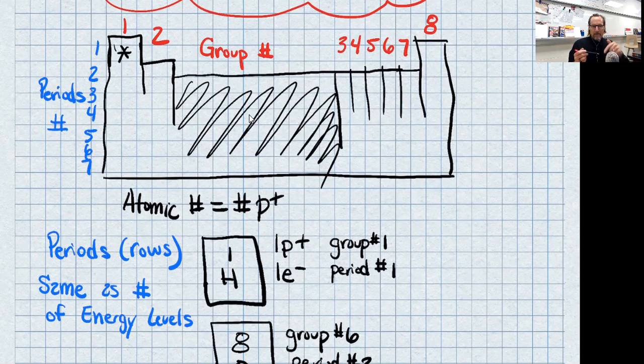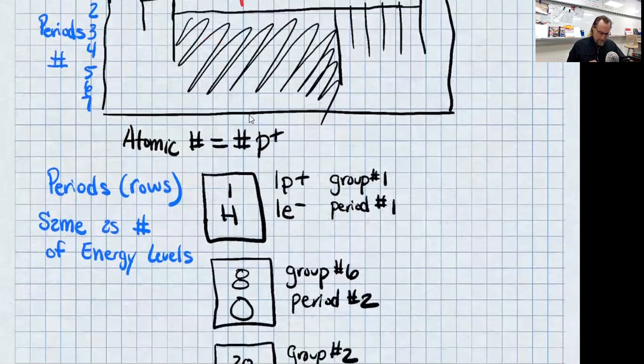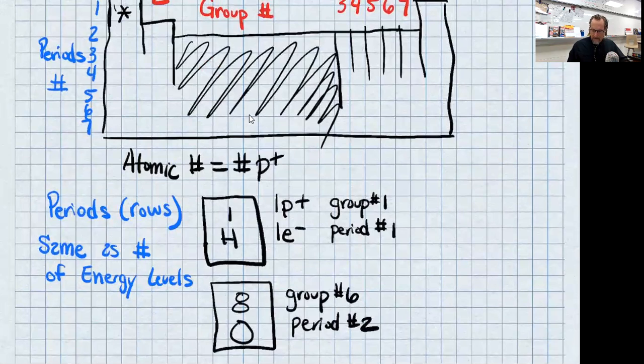When I look at period 2, all of period 2 has 2 energy levels. When I look at period 3, 3 energy levels, and so on. So the period number is the same thing as the energy level, or sometimes I will call that also the electron shell.